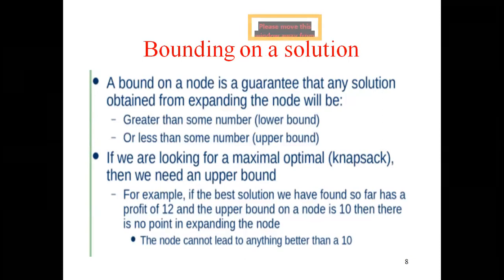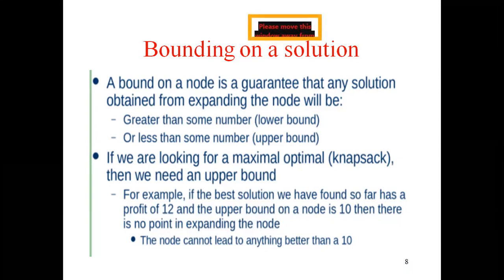Bounding on a solution. A bound on a node is a guarantee that any solution obtained from expanding the node will be greater than some lower bound or less than some upper bound.